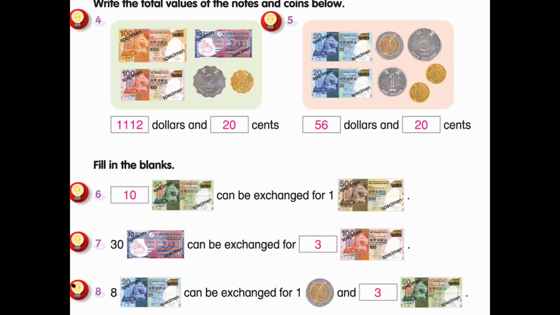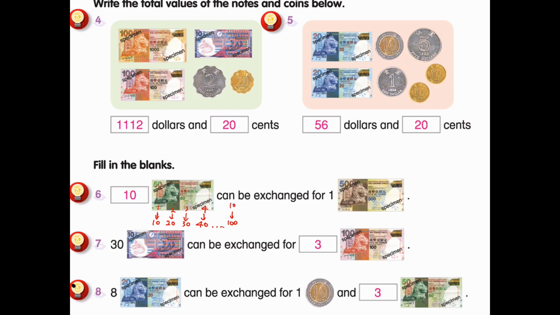For question 7, the way we work on this kind of question, we should come up with the total value of 30 $10 notes first. So we would do something like this. We will skip count 10, 20, 30, 40, up to 100, and then we'll try to figure out the number of $10 notes. So 1 here, 2, 3, 4.